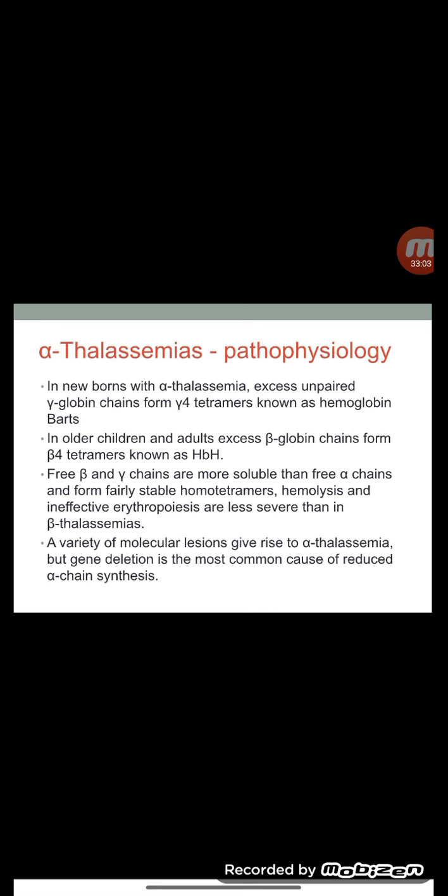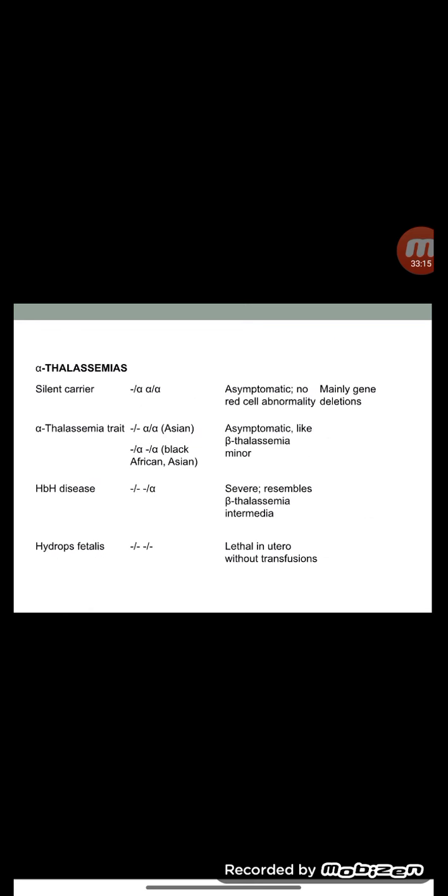Hemolysis and ineffective erythropoiesis are less severe than in beta thalassemia. A variety of molecular lesions give rise to alpha thalassemia, but gene deletion is the most common cause of reduced alpha chain synthesis. Here you can see the severity of the disease according to the presence or absence of alleles on the genes.